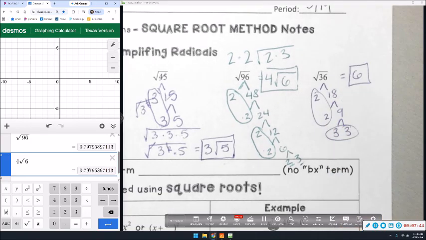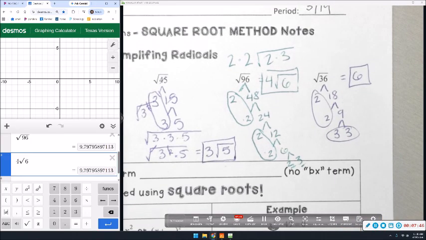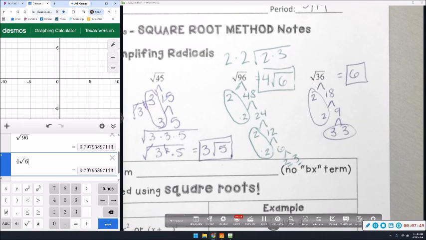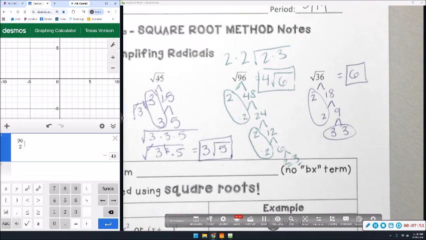There's your answer. Now, this is what I want to explain to you. It's important that if you think it might be a perfect square, because 36 is a perfect square number, because 6 times 6 is 36. What's another perfect square number? Is 25 a perfect square number? Yeah, because 5 times 5 is 25.